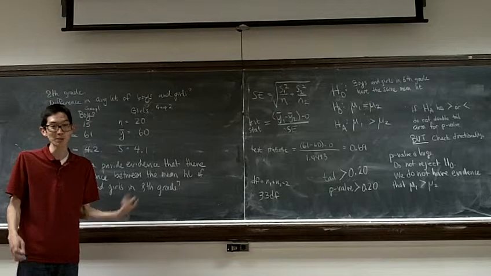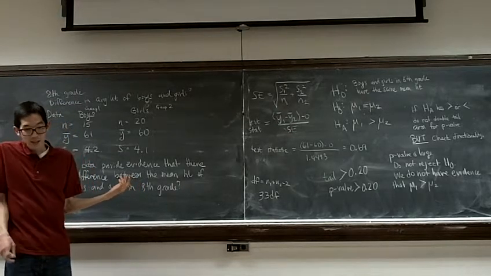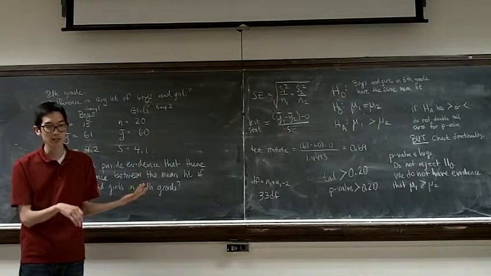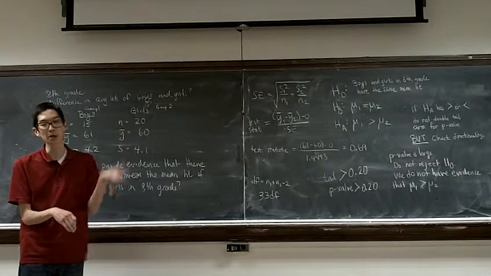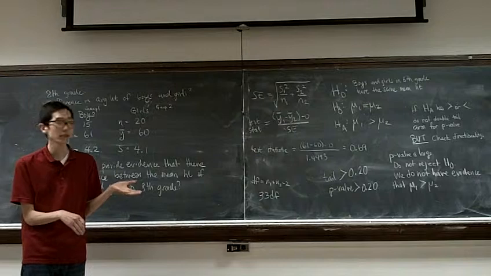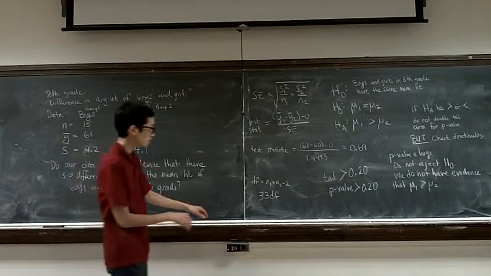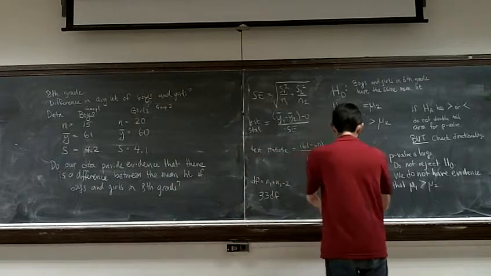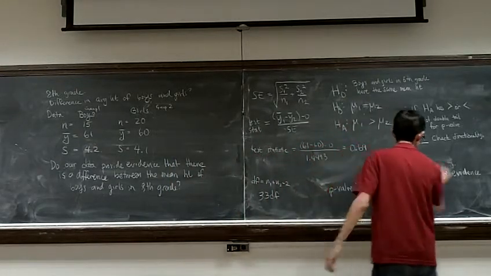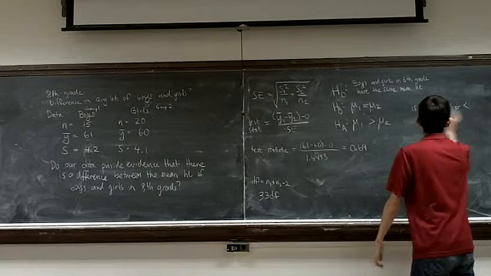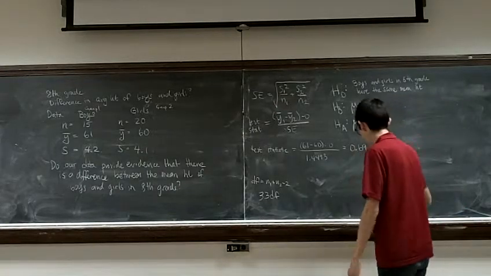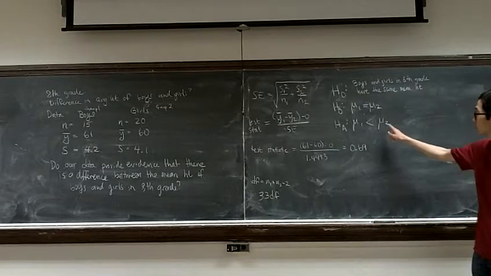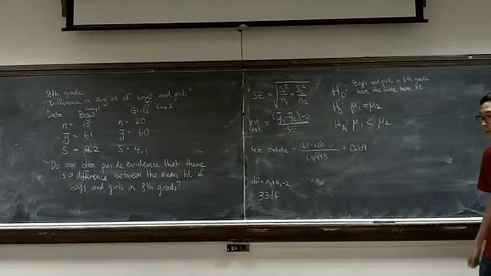Okay, and so somebody might say, I want to know, do we have evidence that 8th grade girls are taller than 8th grade boys? In that case, they would set up their alternative hypothesis as that. They would expect mu2 to be greater than mu1.